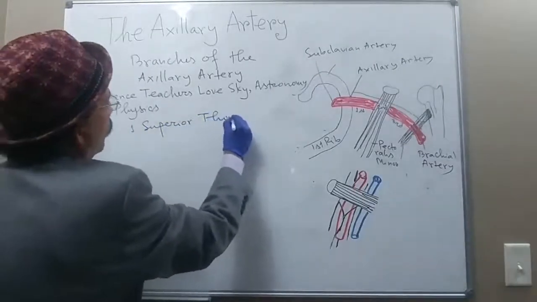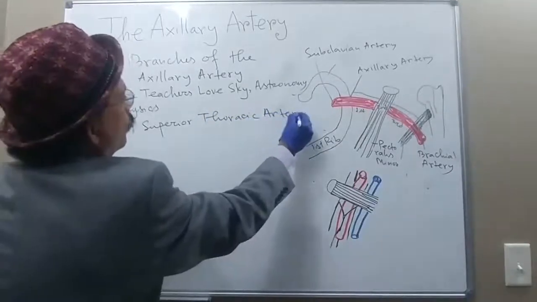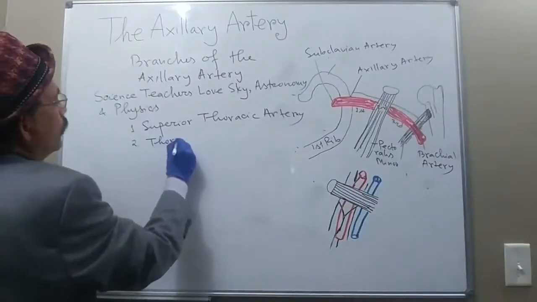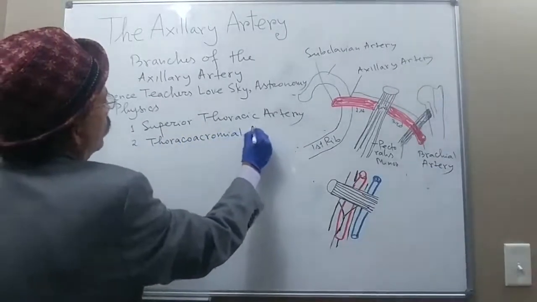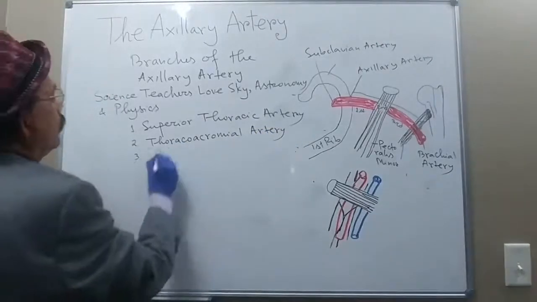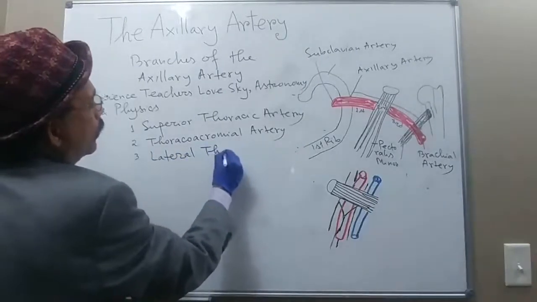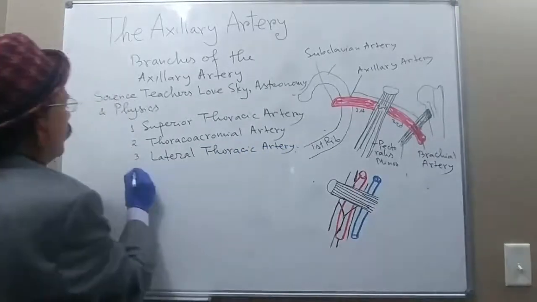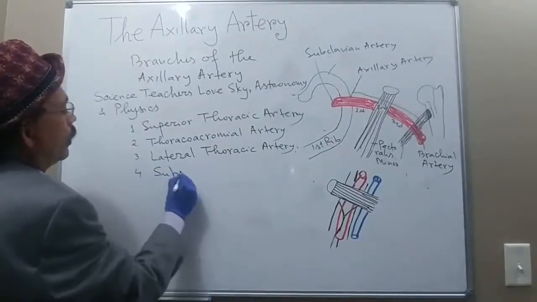thoracic artery. Superior thoracic artery, then thoracoacromial artery. Then we'll go to the lateral thoracic artery, then subscapular artery.